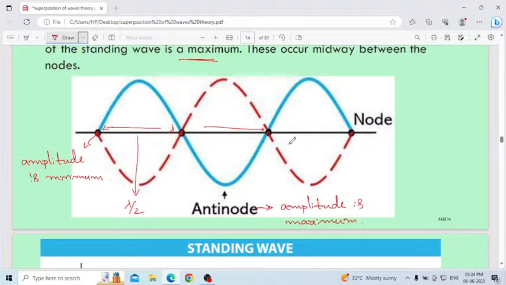Then the distance between the node and antinode, from here to here, the measurement will be lambda by 4. This one you have to remember.